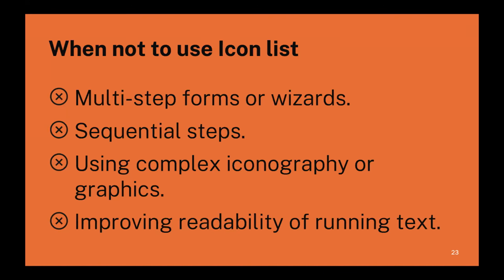If you're using complex iconography or graphics, the icon should only reinforce the text of the list item. If the image needs to convey a special, unique meaning, this is a job for an illustration and not an icon. Or to improve the readability of running text. If something is just part of running text, then you should use a standard unordered list instead.